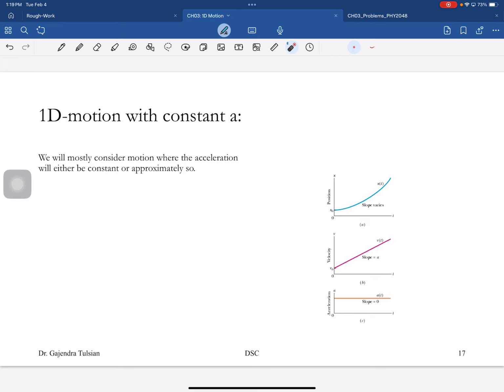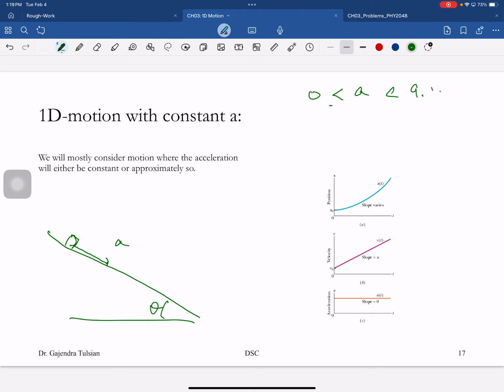That's the magnitude of the acceleration, and it's pointing downwards. Okay? So when the acceleration is constant, and also if you want, you can change the magnitude of the acceleration by making this object slide down an incline. And depending on the angle of the incline, you can make that acceleration anywhere from 0 to 9.8 meters per second squared.